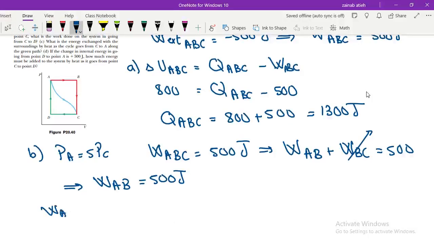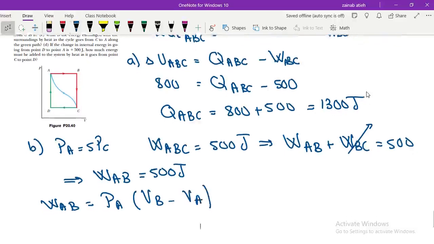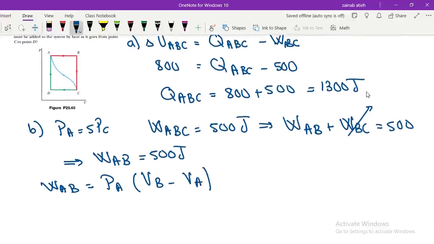So the work of AB is equal to the pressure of A or pressure of B, because both of them have the same pressure, times VB minus VA. And the work of CD is equal to the pressure of C, for example, any one of the pressures, C or D, but he gave me a relation between A and C, so I've written C, times VD minus VC.